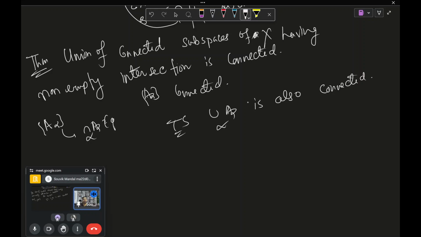So can you please try? You can start as follows. In order to show something like this, you need to start with a contradiction in most situations. So you can assume that this is disconnected.